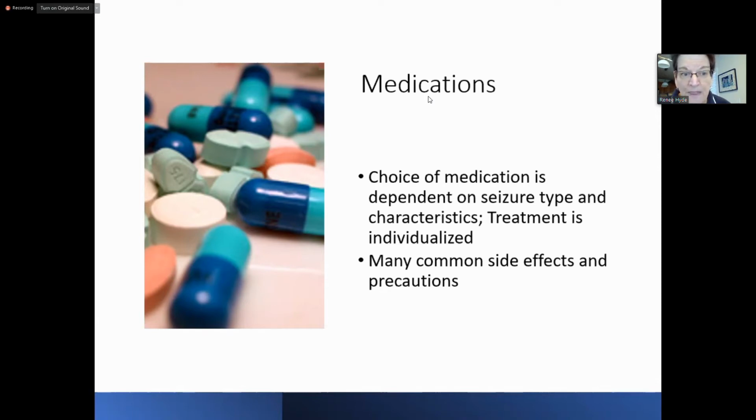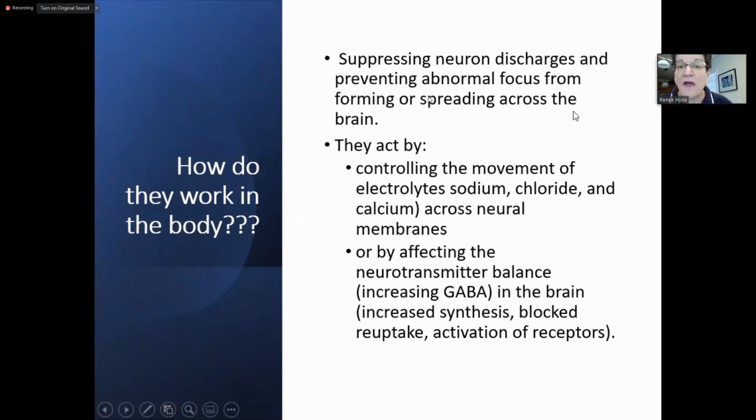treatment. One of the things that you'll see is that there are many common side effects and many precautions that you have to take with these anticonvulsant medications. How do they work? Well, what they do is suppress neuronal discharges. And they prevent, or we hope they prevent, that abnormal focus, or that point where the seizure starts, from either forming or spreading.